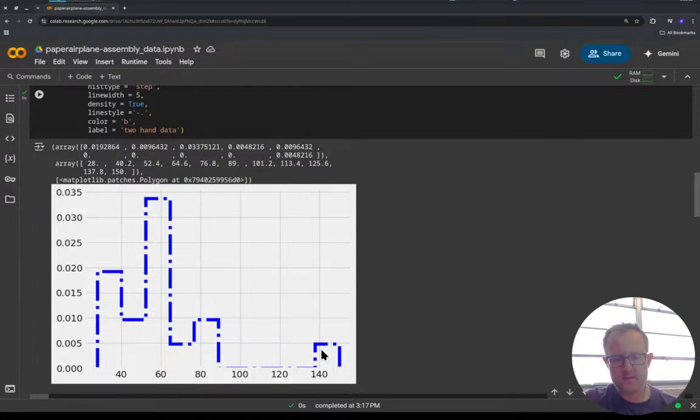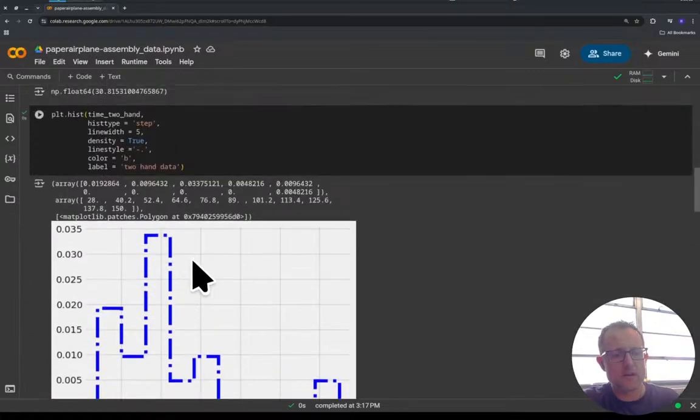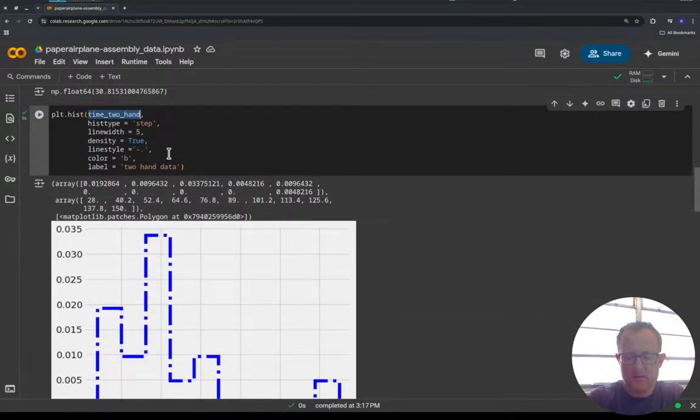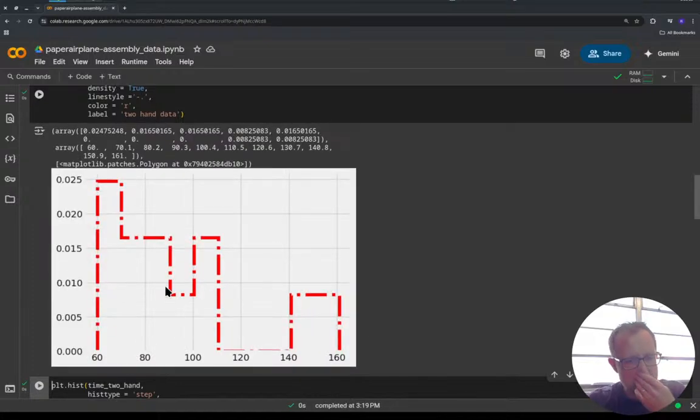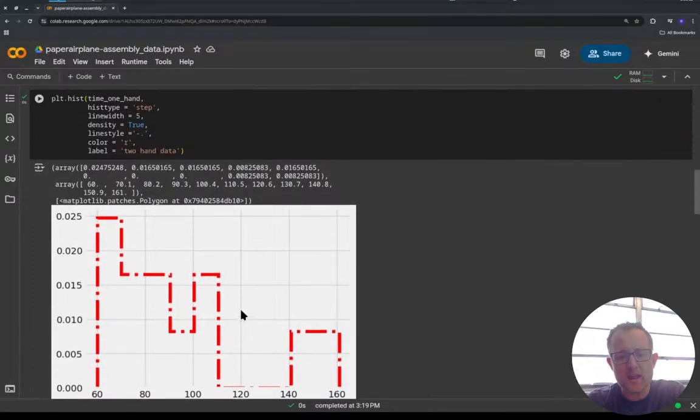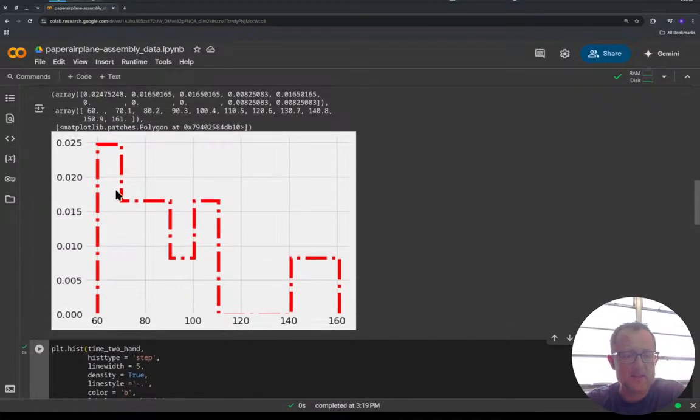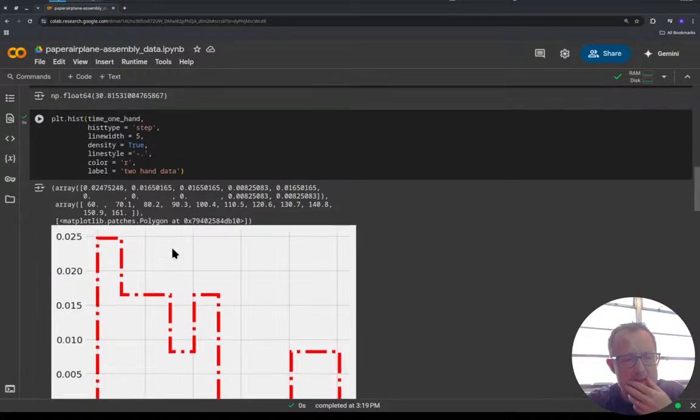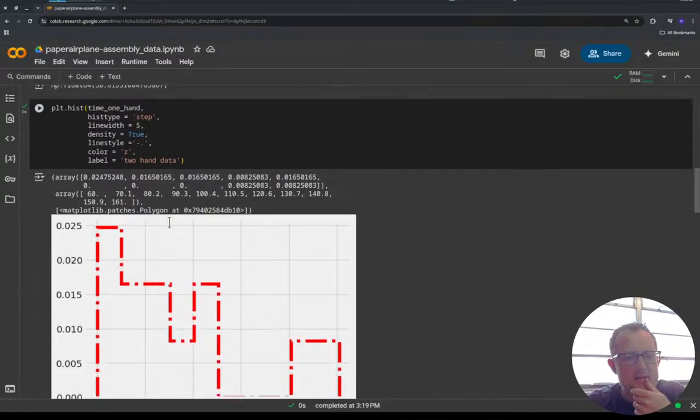And then over here, we can even look at the one hand. I'm keeping blue as two hand, red as one hand. For the one hand data, now we actually have something that's a little different. Huh.